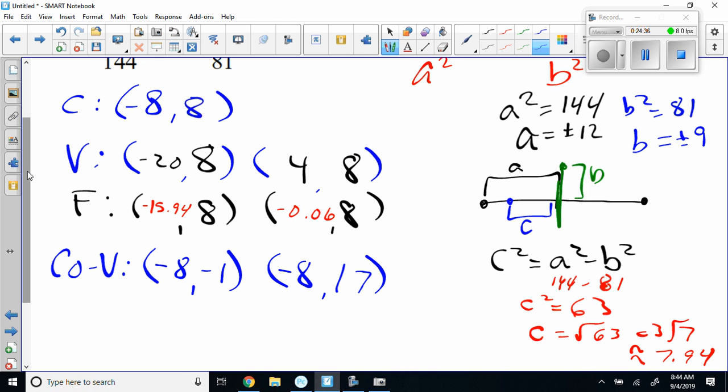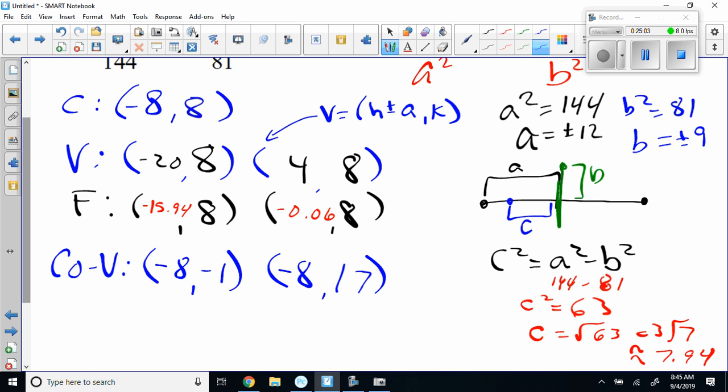Correct? So on your formula sheet, you may have seen this one, vertices equals H plus and minus A, comma K. Yes?